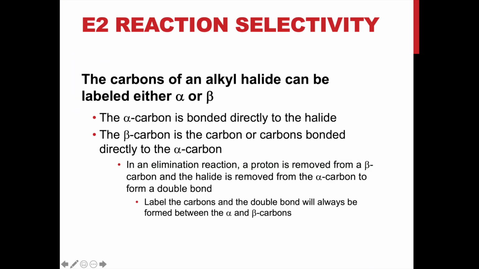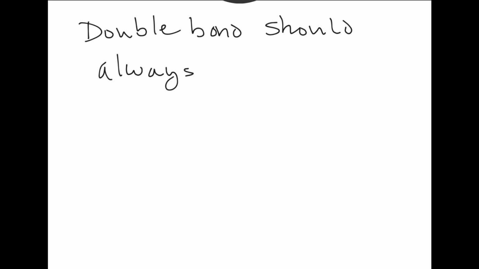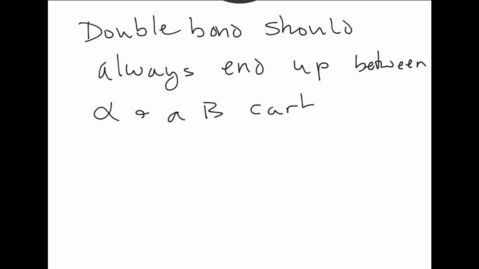Just as a reminder, right, your double bond, in E2 reactions specifically, but you should always expect your double bond to end up between an alpha and a beta carbon. Right? If you got your double bond in some crazy place, you're wrong.